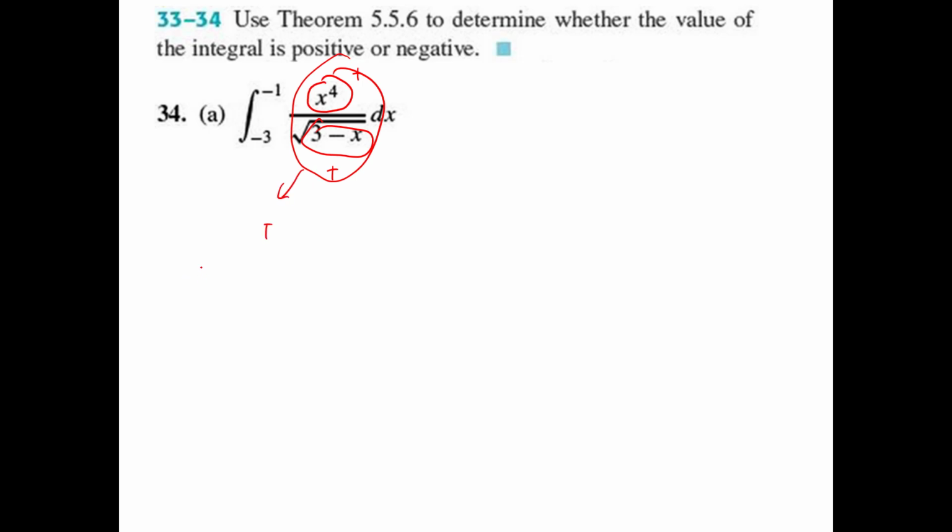So we can say x to the 4th over the square root of 3 minus x is bigger than 0 for x in the interval from negative 3 to negative 1, I'm sorry.